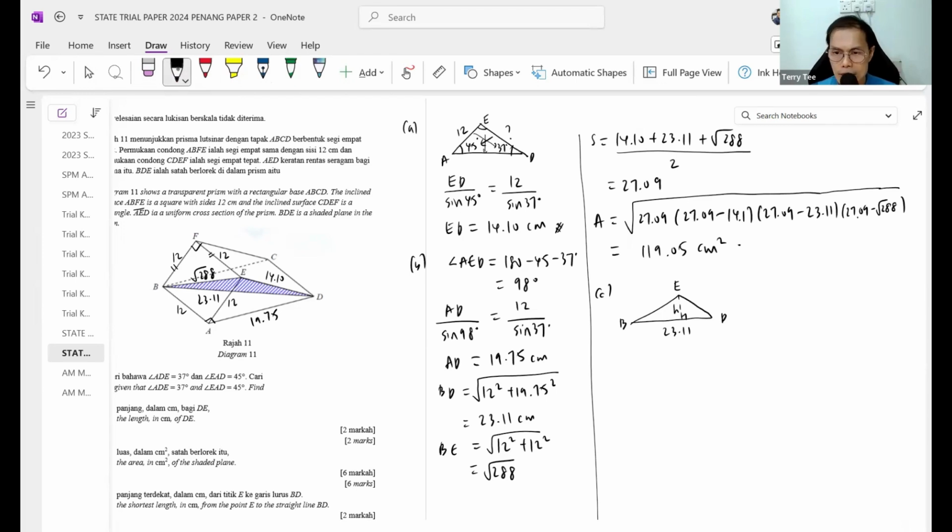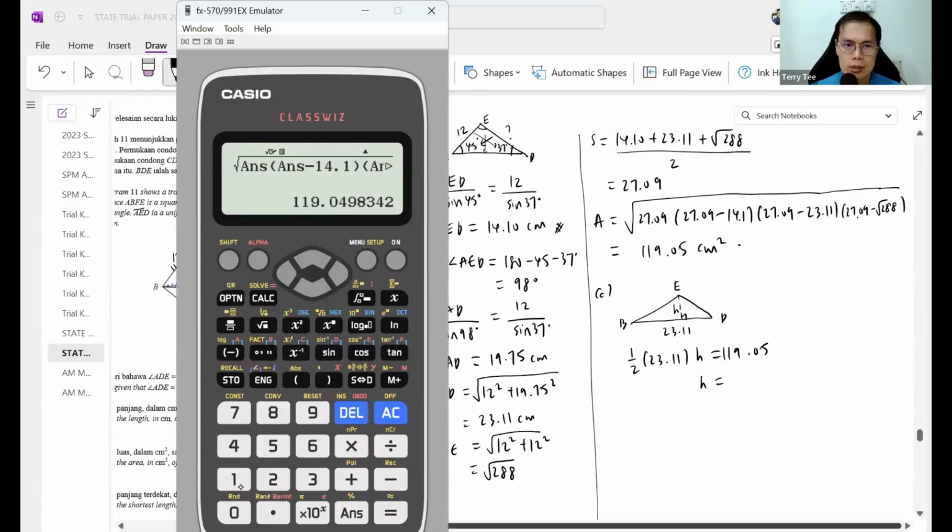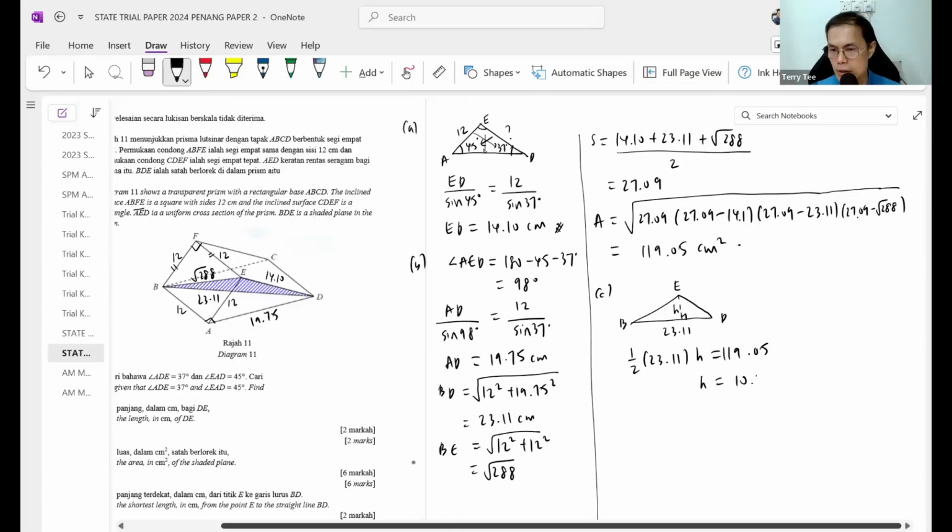The shortest distance is the perpendicular distance, which is the height of the triangle. We can just use half times base times height equals 119.05. To find the value of h, take 119.05, multiply by 2, divide by 23.11. You will get 10.30 cm. That's all.